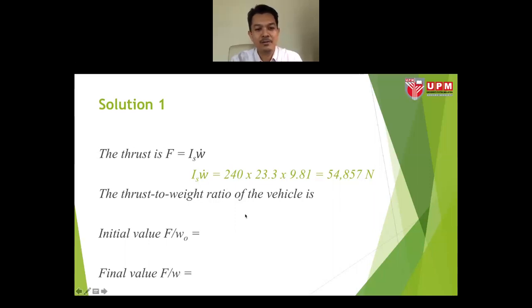So there should be two answers here. Anybody would like to try? I hope everybody is trying to calculate the problem. Any answer for the initial thrust to weight ratio of the vehicle, and then the final value of thrust to weight ratio of the vehicle? 27.96.